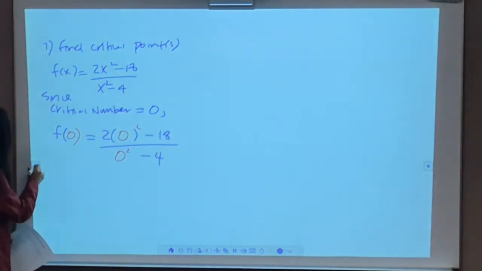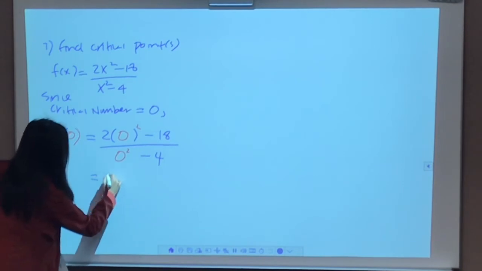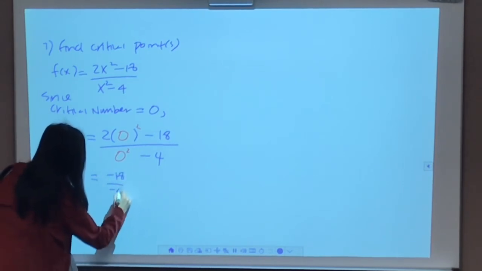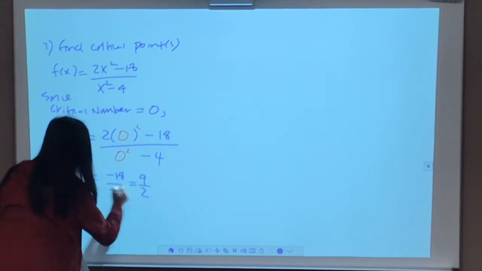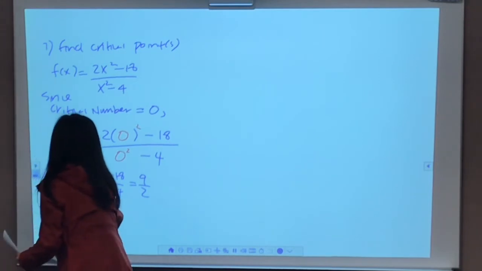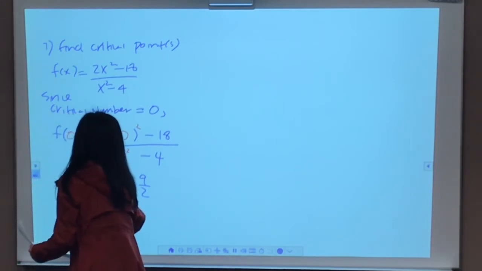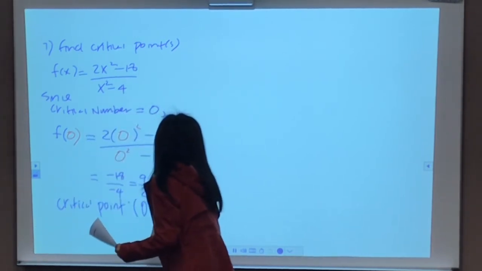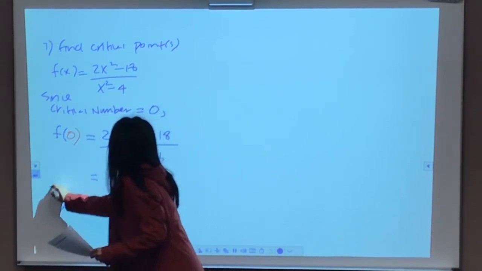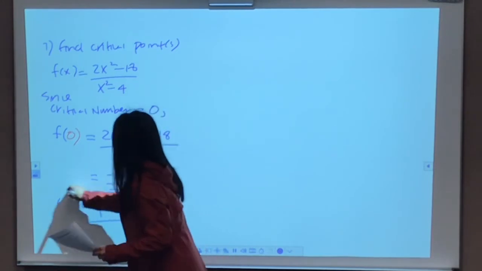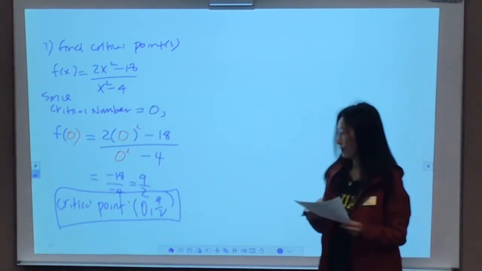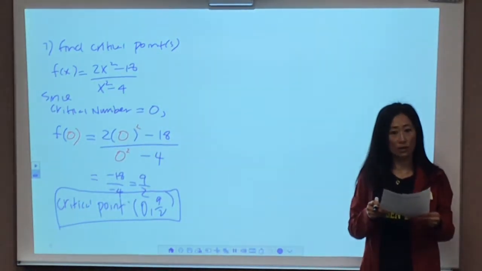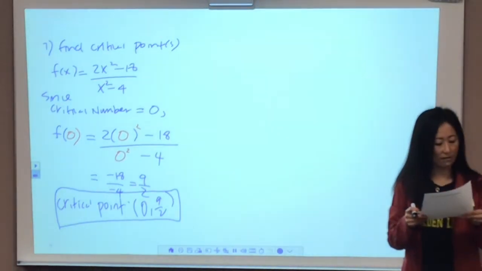This time it just happens to be the same as your y. So the critical point is 0, comma, 18 over 2. So far so good? I just finished number 7.